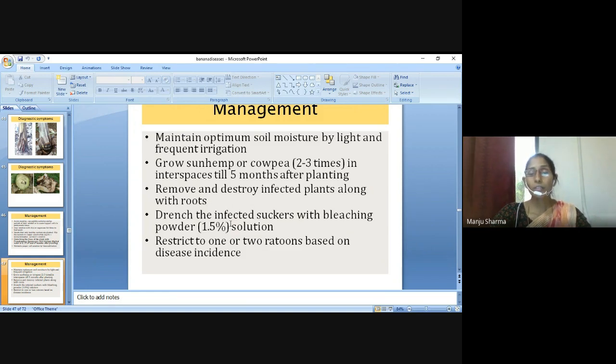Restrict to one or two ratoons based on disease incidence.